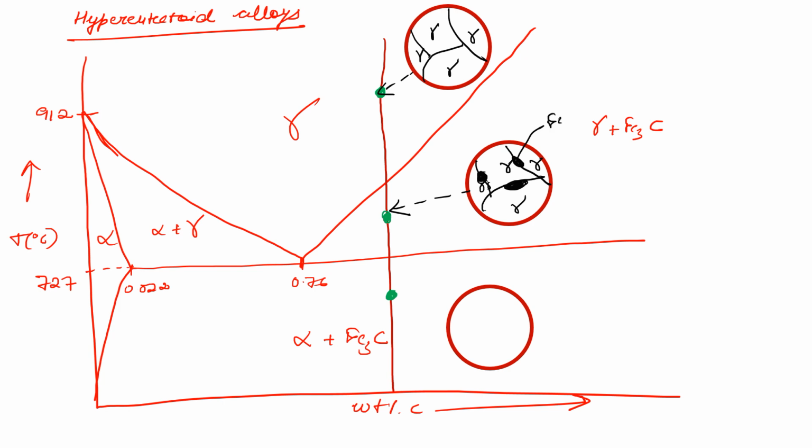These are Fe3C precipitates at the boundary, and just below this the grain boundary will be completely covered with the Fe3C phase. Okay, and we have some colonies like this here.